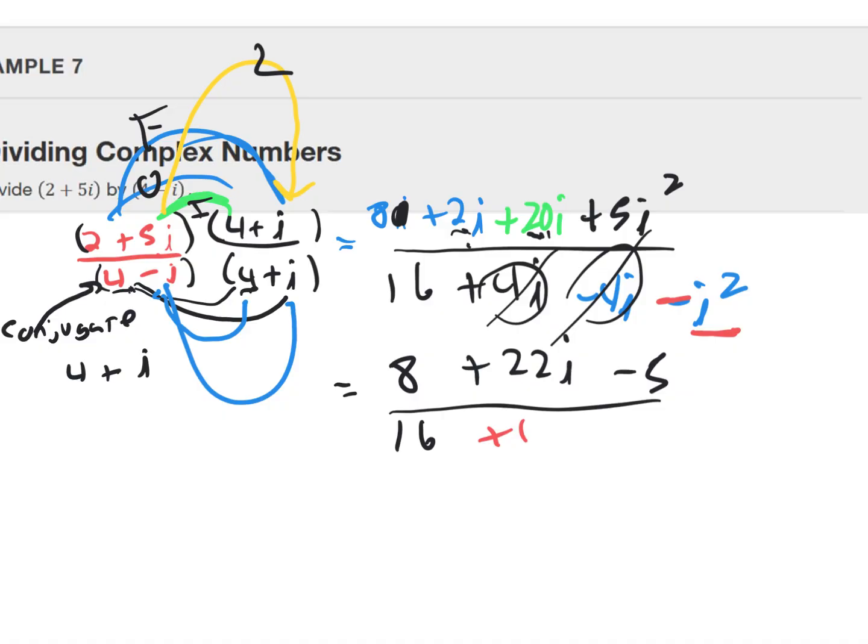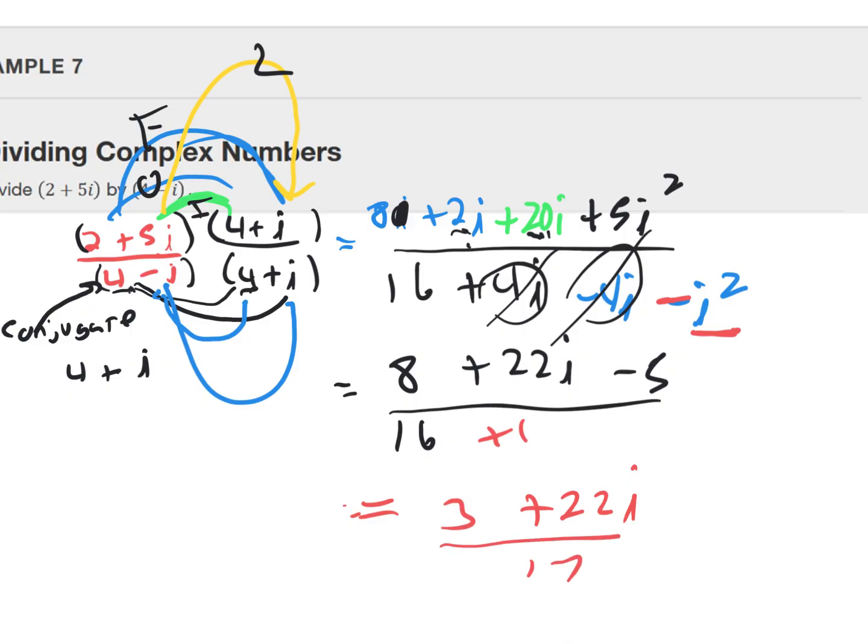Can I simplify the top better? Sure, I think I can. 8 minus 5, the real number part becomes a 3, plus 22i. The bottom becomes 16 plus 1, that's a 17. So I just do the whole thing divided by 17.